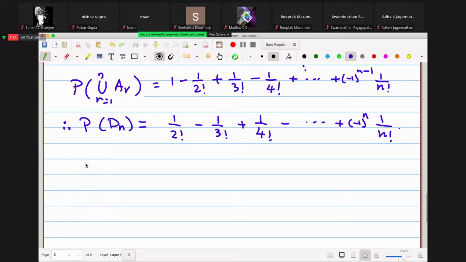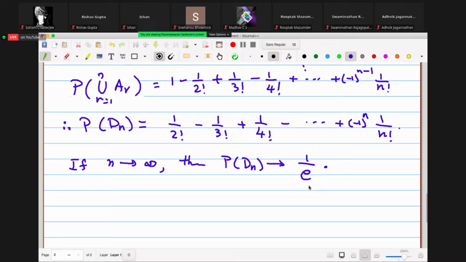This already means that if n goes to infinity, then the probability of Dn goes to what number? Here you just take the sum of this alternating series of 1 by n factorial, and that is exactly 1 by e.